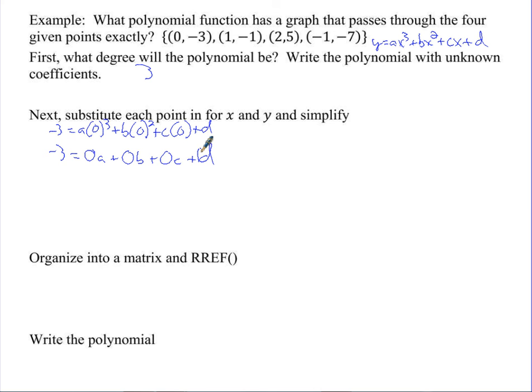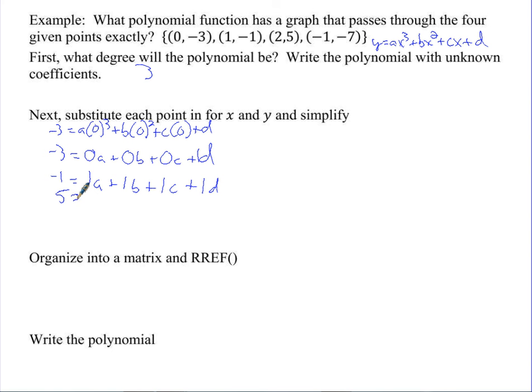So now the second ordered pair, 1, negative 1. That means negative 1 goes in for y, and 1 goes in for x. So I have 1 to the third, which is just 1a, plus 1b, plus 1c, plus 1d. For my third equation, I have this ordered pair, 2 comma 5. So 5 goes in for y equals, I'm plugging 2 in for x each time.